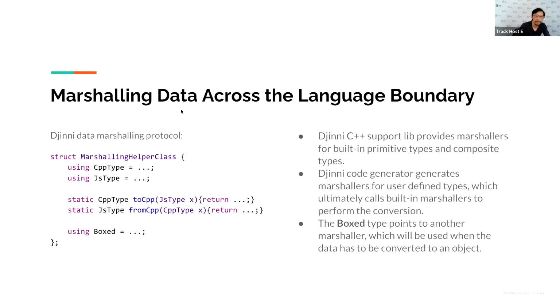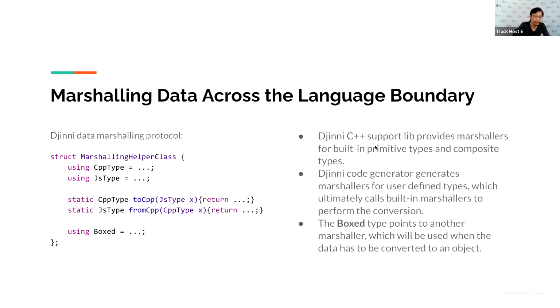Marshalling data across the language boundary: as I said earlier, the primitive types are already handled by embind under the hood. For every complicated type, we generate a helper class which manages the marshalling from C++ and to C++. Both methods are automatically generated.